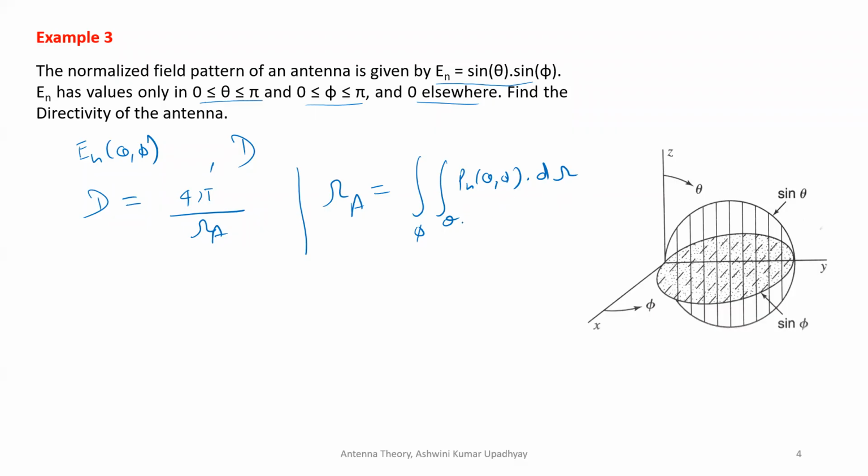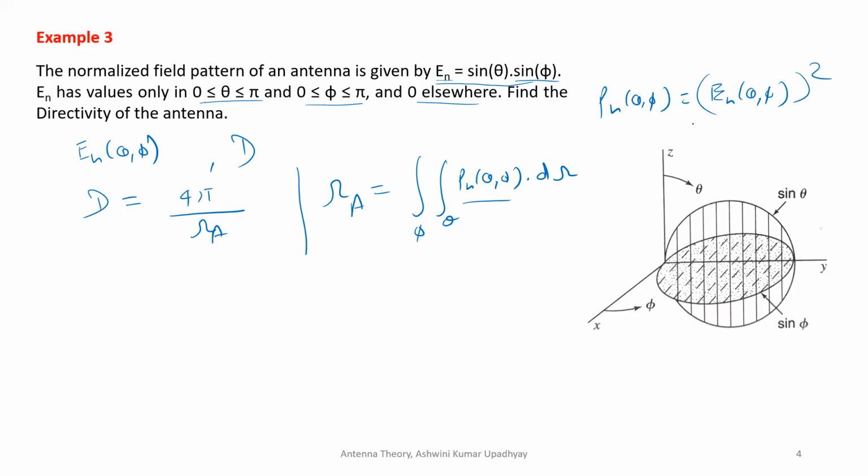So what we are going to do is we are just going to find the value of Pn theta phi. So since you have got En as the value of normalized electric field, Pn theta phi will be nothing but En theta phi squared.